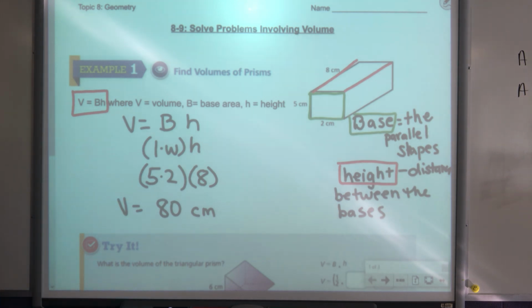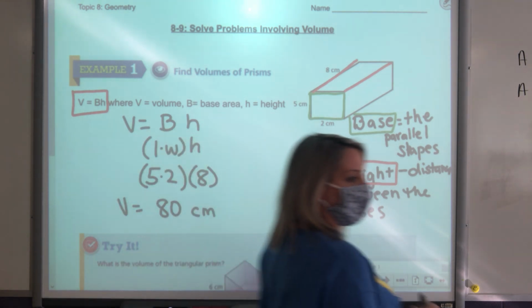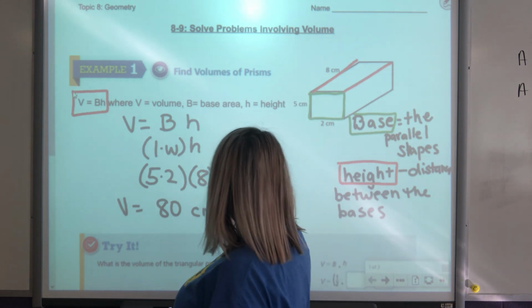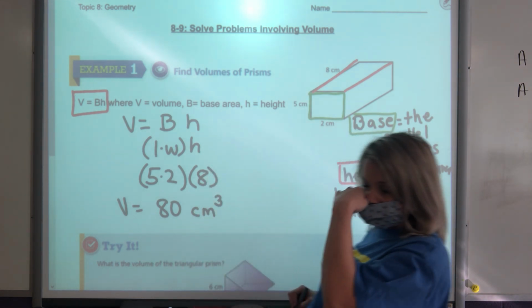Area is always squared, right? What's volume? How many units are we multiplying together? Length, width, and height. So that means we're also multiplying centimeters times centimeters times centimeters. So centimeters is going to be raised to the third power. Okay. So volume is always to the third power.